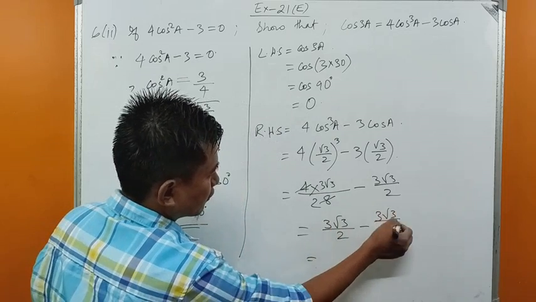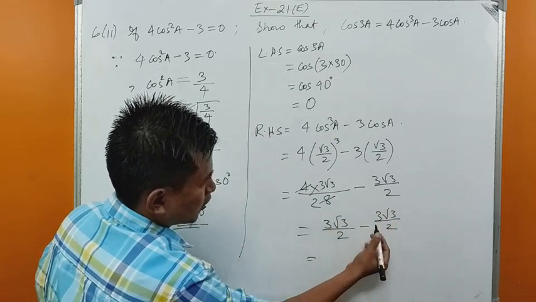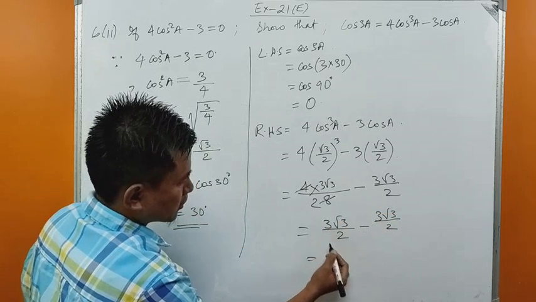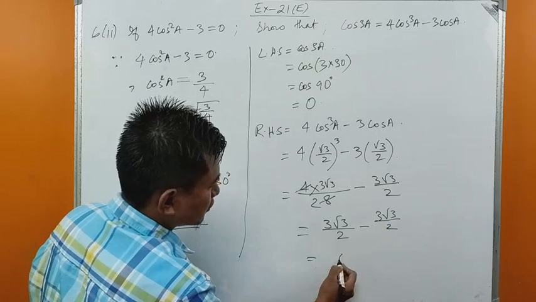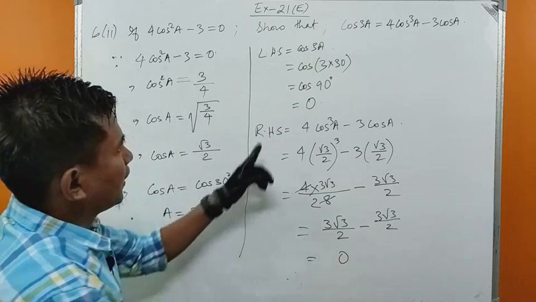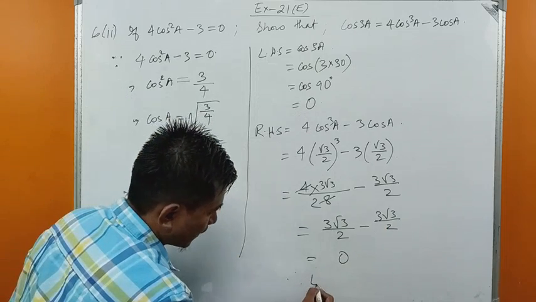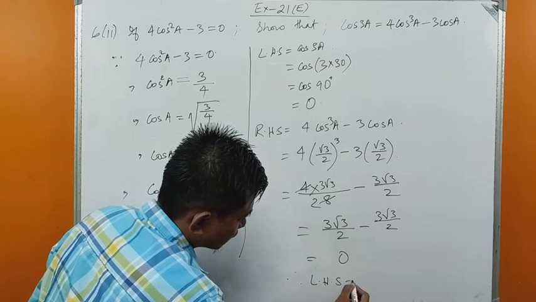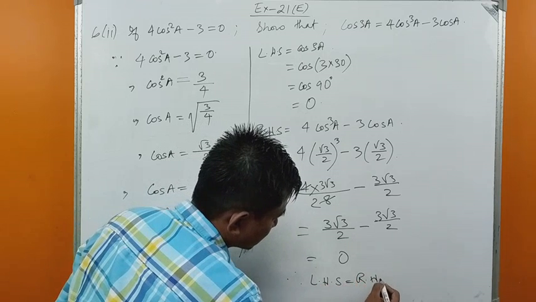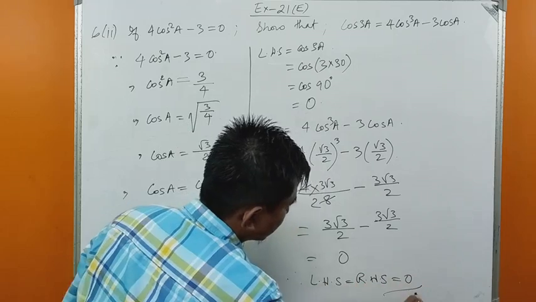So same number, 3 root 3 upon 2, one is negative and the other is positive, so this number minus this number gives us 0. Therefore, LHS is also equal to 0 and RHS is also equal to 0. Hence, LHS equal to RHS equals to 0. Okay, this is proved.